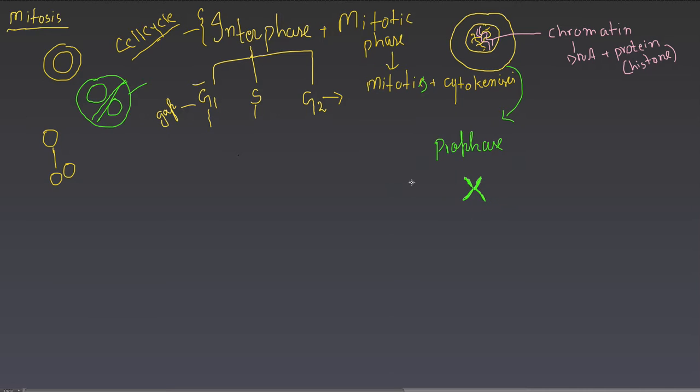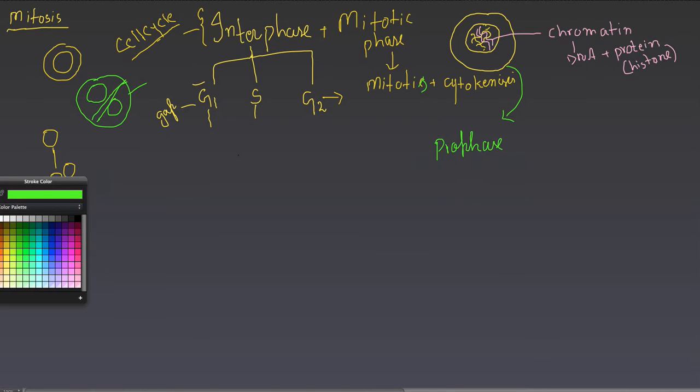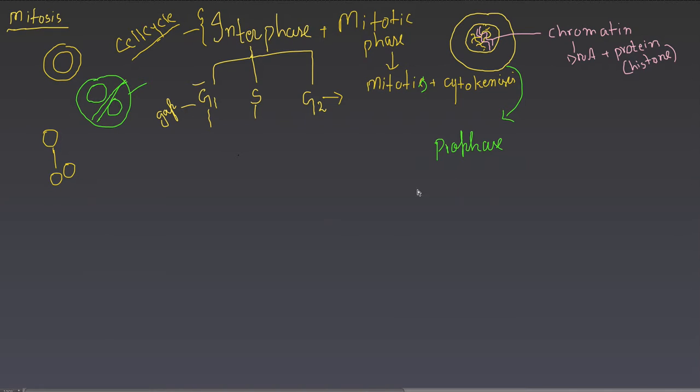Oh, I should pick the same color which I did. The different colors can be confusing. So I just drew, if you have two strands of chromatin right here, this one replicated and this one replicated too. So now these chromatin become condensed. They become coiled up together and they form this kind of structure.